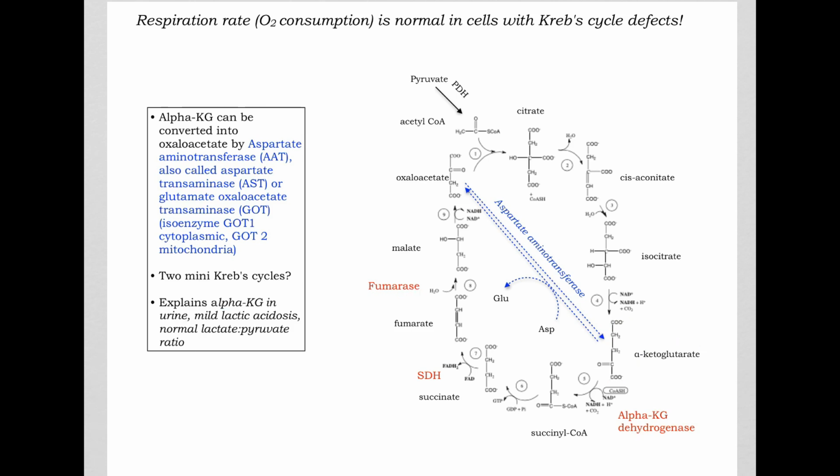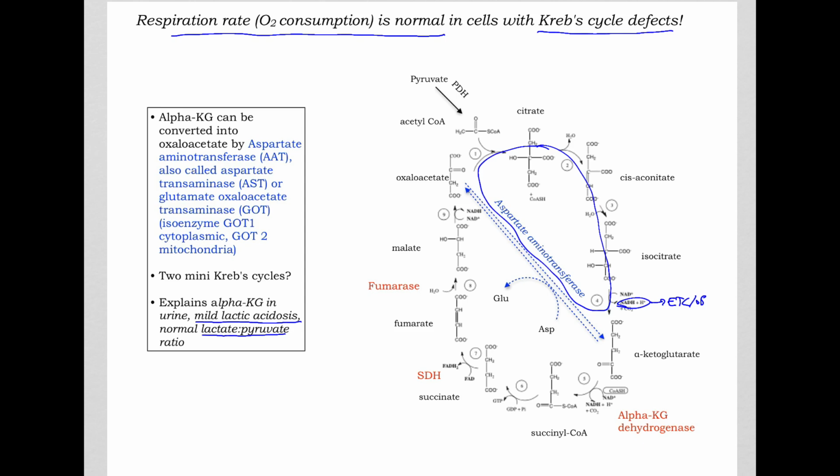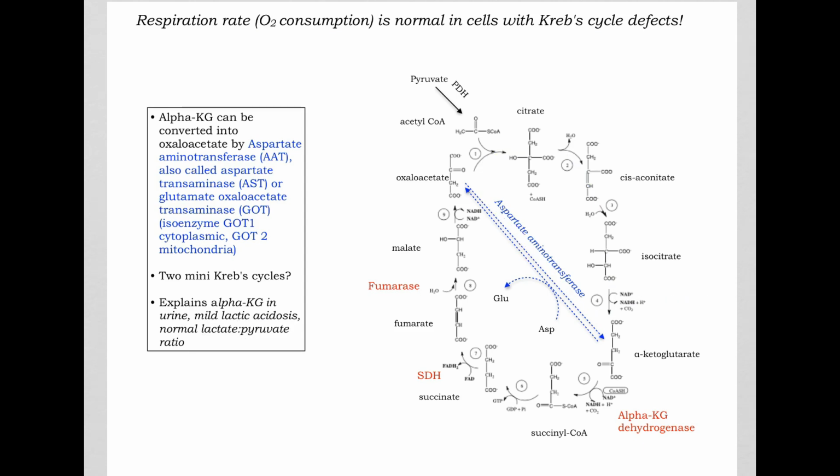And since this part of the cycle increases, it provides the NADH to the electron transport chain, OXPHOS, the respiration rate is close to normal, and that helps explain why we see very mild lactic acidosis as well as a normal lactate to pyruvate ratio in these 24 cases with Krebs cycle defects. So studying genetic diseases has helped us quite a bit in understanding the biochemistry of the human body.